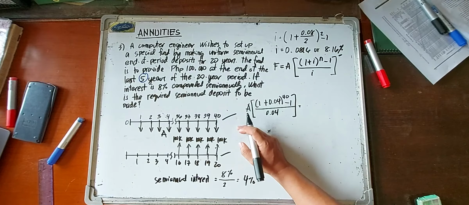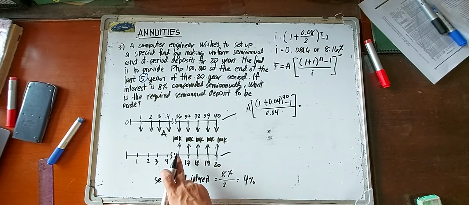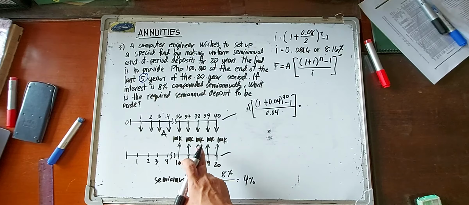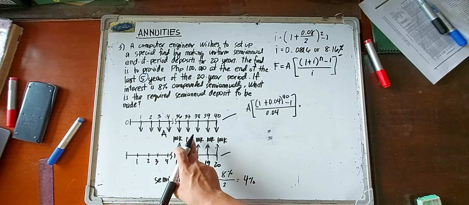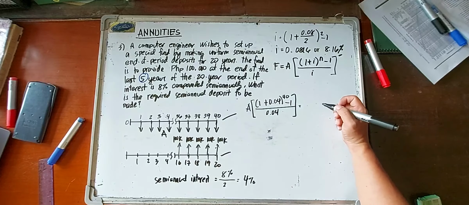Then, equate natin sa second. Ito. We're going to solve for the future worth of itong 100,000 na ito. Periodic na 100,000.